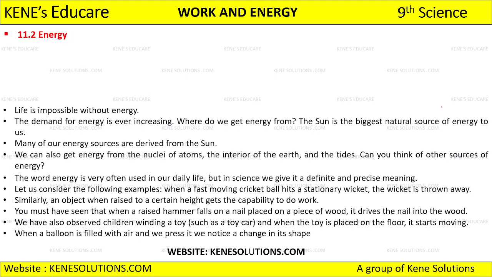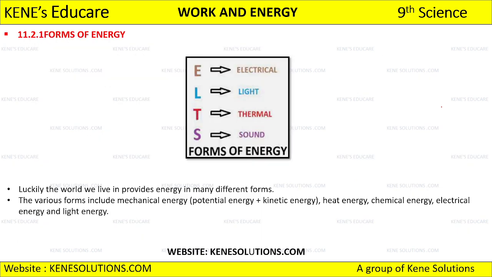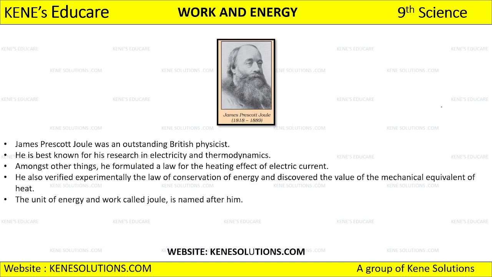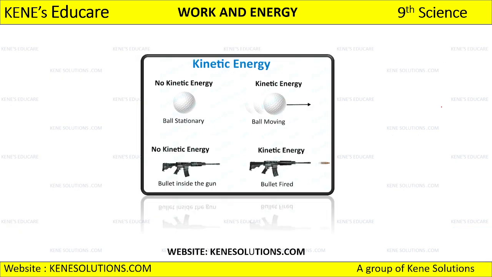Okay, so after that, we will be discussing energy in detail through different activities. Then we have forms of energy to discuss. We'll be discussing that as well, and we'll be discussing James Prescott Joule, who exactly he was. And after that, we'll be discussing kinetic energy in detail.